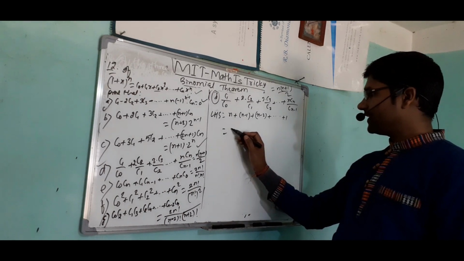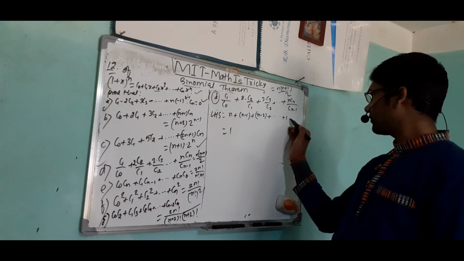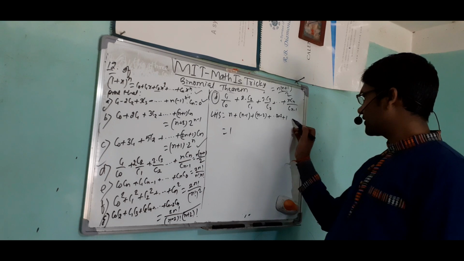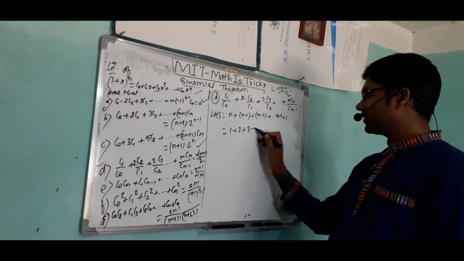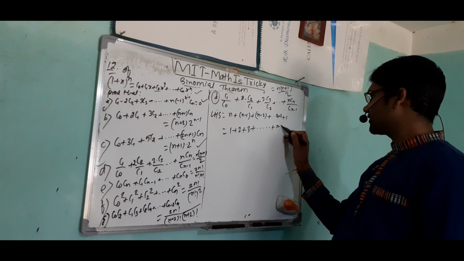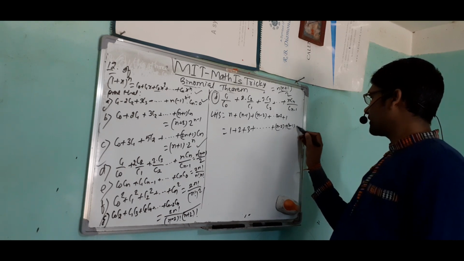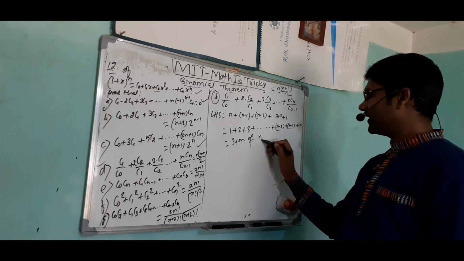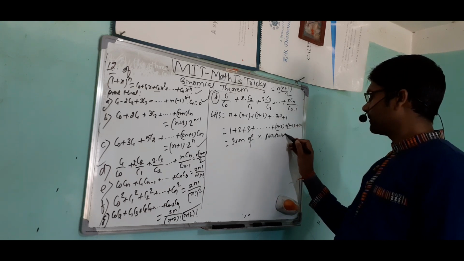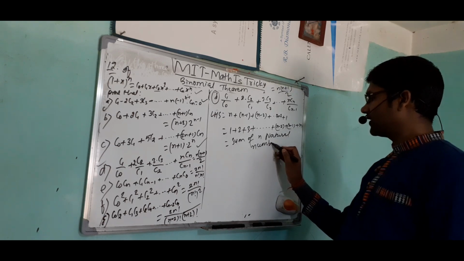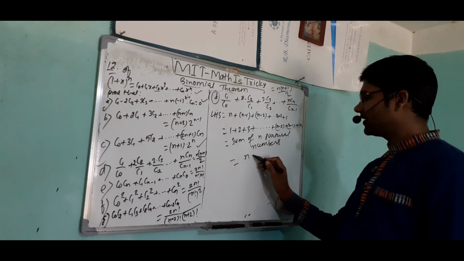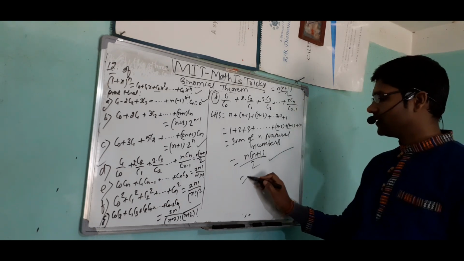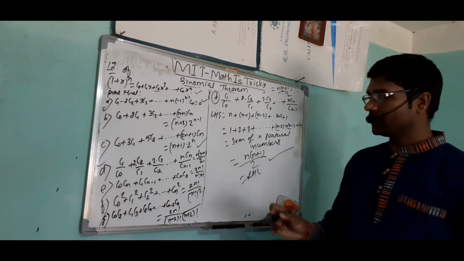So writing from the first, it will be 1 + 2 + 3 + ... + (n-2) + (n-1) + n, and it is nothing but the sum of n natural numbers, which is just n(n+1)/2. This is our formula. This is the RHS. We have the answer.